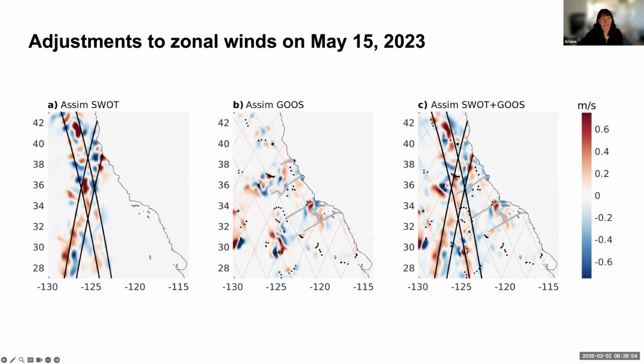And again, we have similar adjustments, mostly along the SWOT tracks. And then around these dots are the Argo profiles and the spray lines in gray, and then the total of the two.